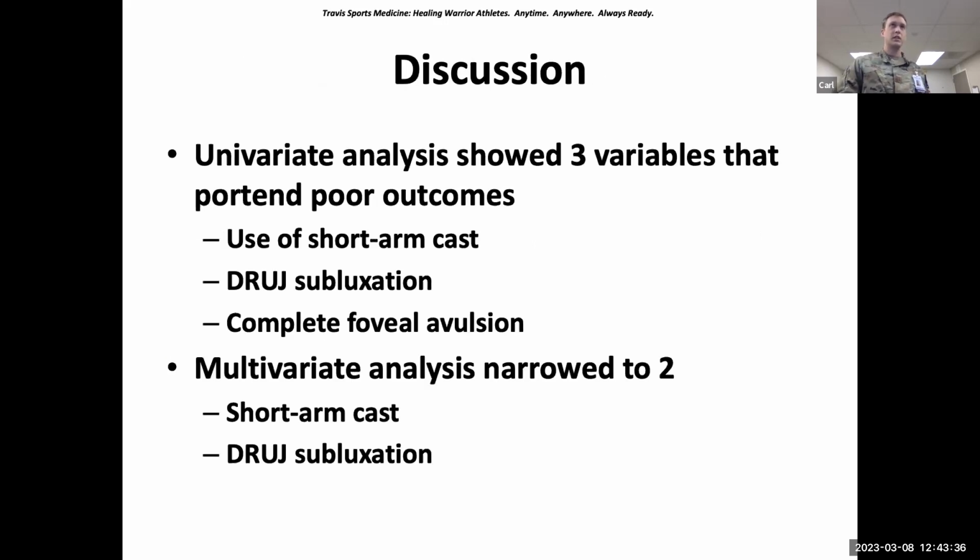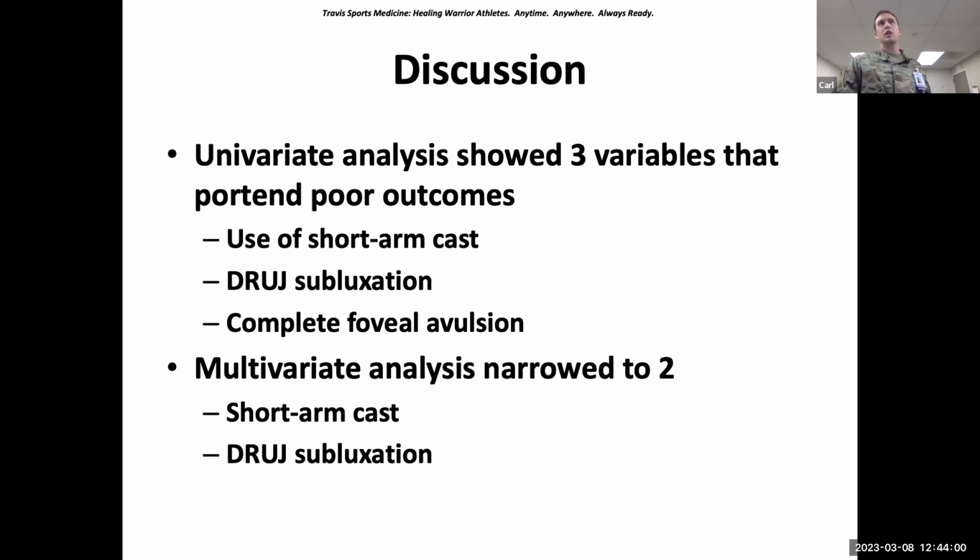So discussion, essentially, that's the biggest part of this. Their primary aim of looking back retrospectively was to find the biggest factor, and the short arm casting seemed to again and again be the most eye-popping statistic they pulled from this analysis.